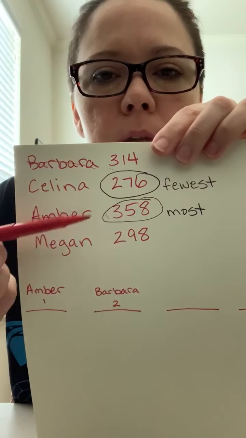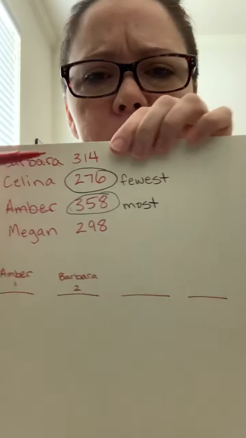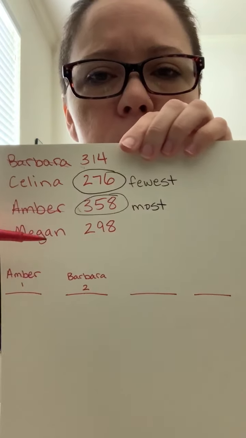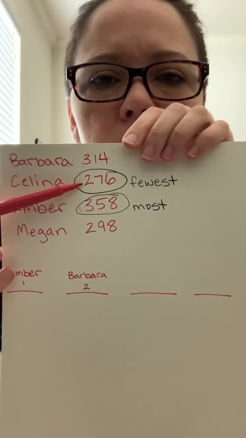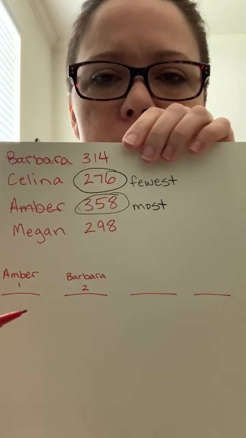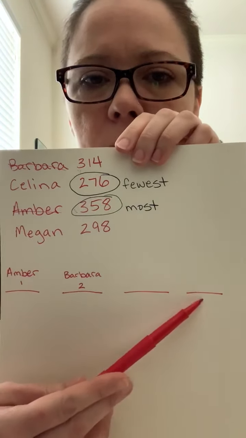She had the next biggest amount. Okay, and I'm gonna go ahead and put a little line here because I've already used this one and I've used this one. So now I need to look at the other 2, Megan and Selena. Well, we figured out already that Selena has the fewest. So we can write that one at the very end. We know that she has the fewest. She's gonna be number 4 on our list.